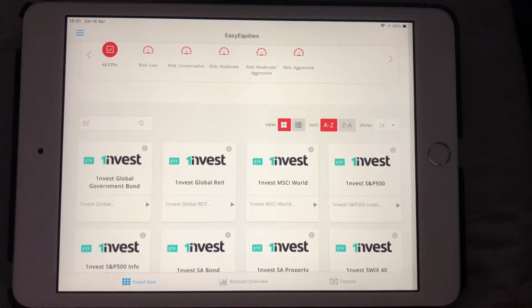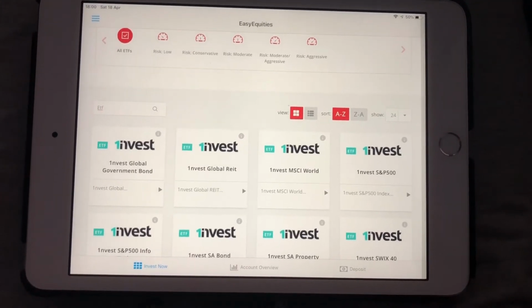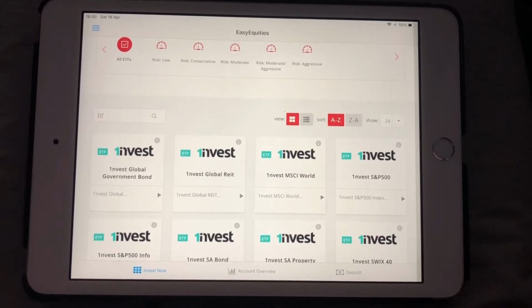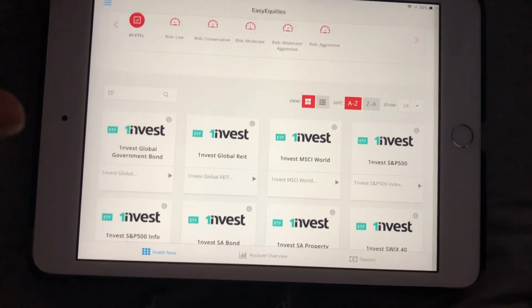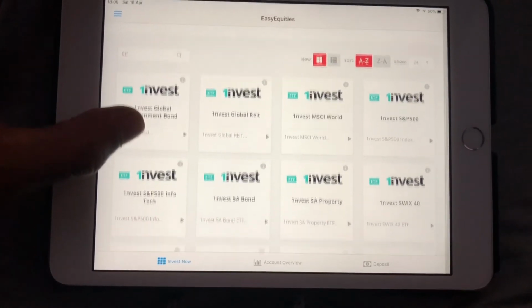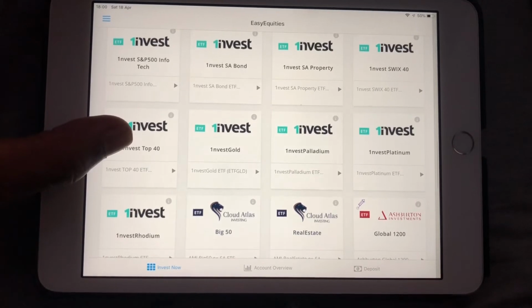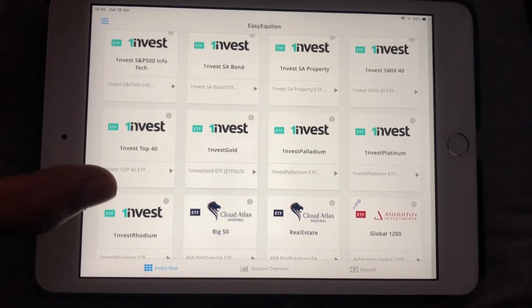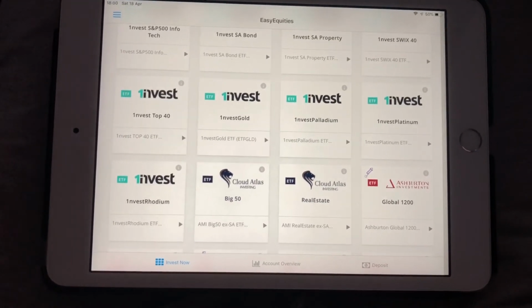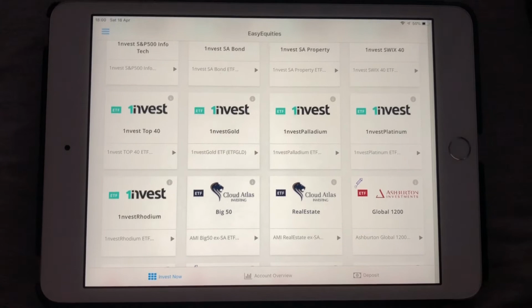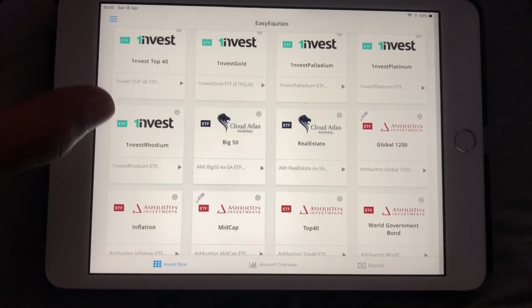So this one is showing both local and international. There's global government bonds, global real estate investment trust, S&P 500. Those are American stocks that you can try and buy. There's that Ashburton investment Global 1200. So that's also international offshore. You can also choose that as a part of the package that you want to invest under as global.